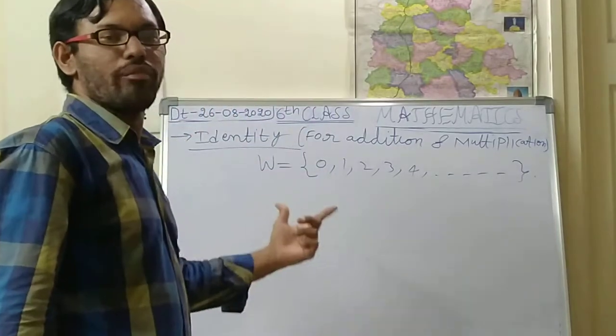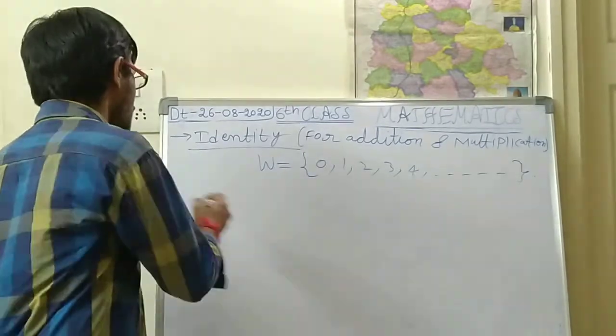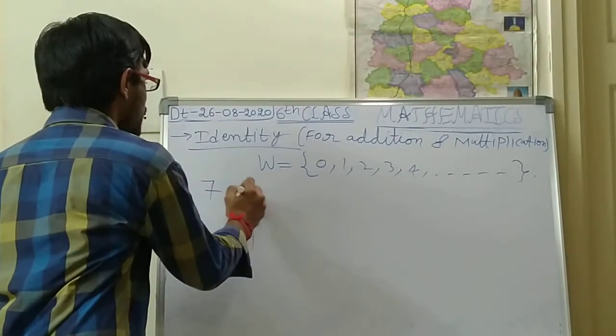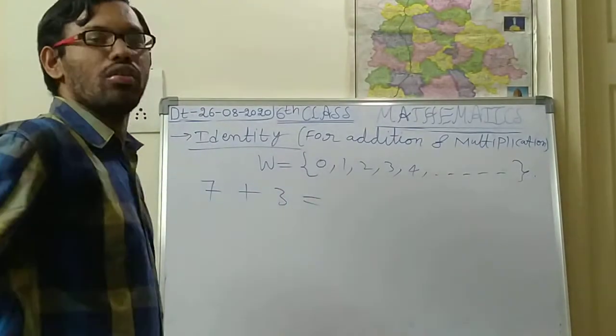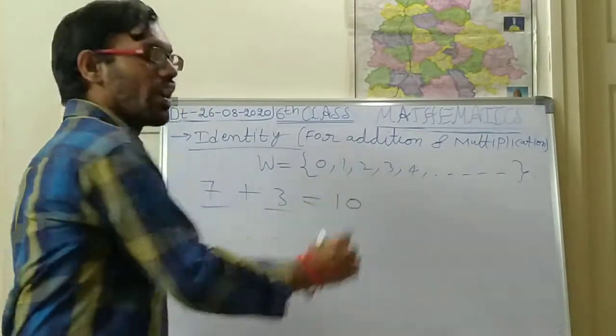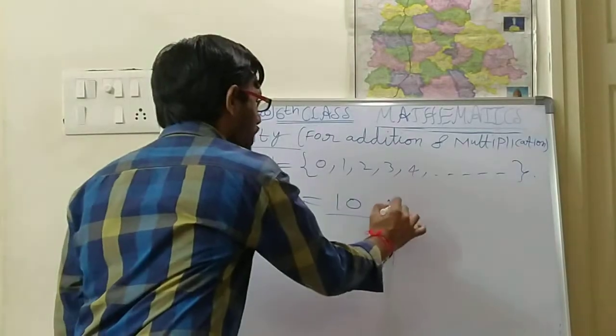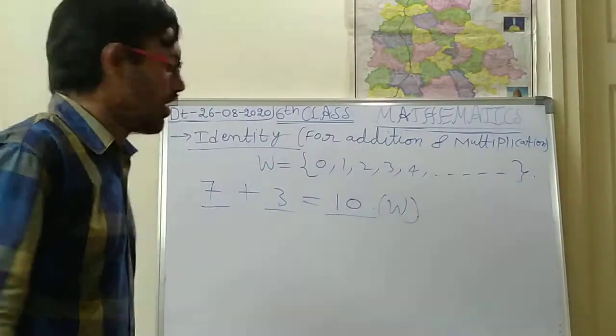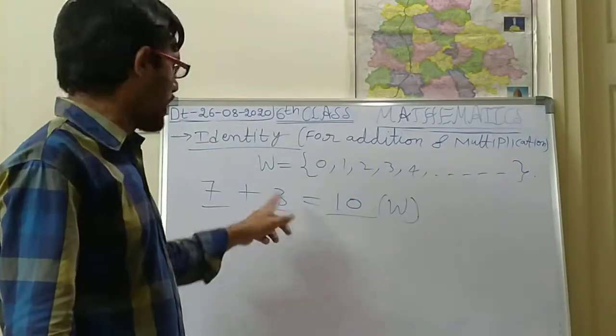Identity property means, for example, when you are adding two numbers, 7 plus 3, what will it become? 7 plus 3 is 10. So if you add any two whole numbers, you get another whole number. Is it right? This is the closure property under addition.